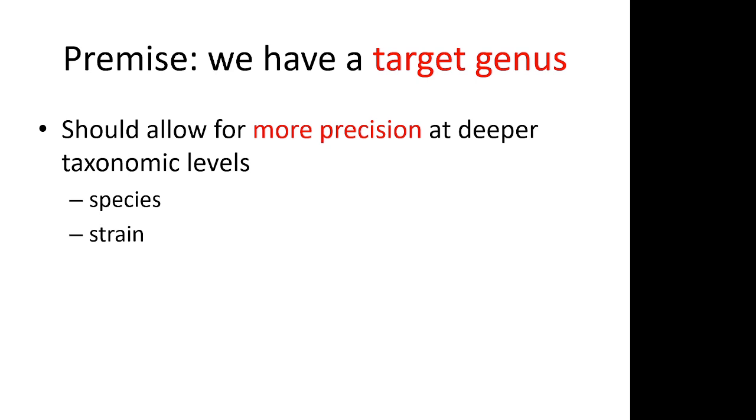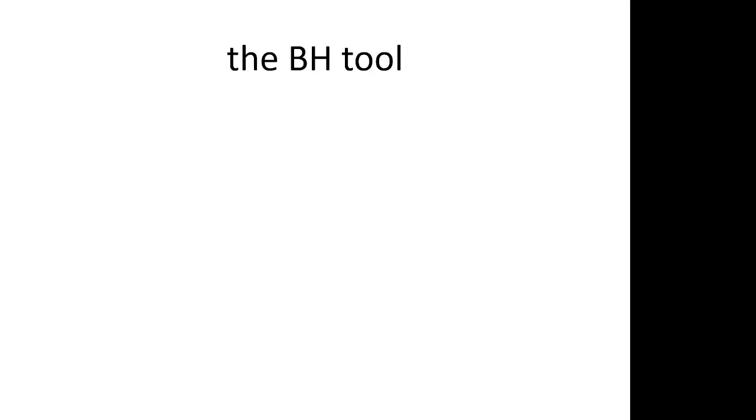and strains. And so we developed this tool that provisionally we call the BH tool. And it's not very complex, as you will see. It's based on BLAST, though the similarity engine is simply BLAST.